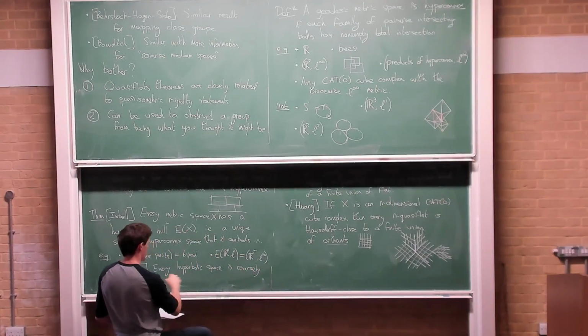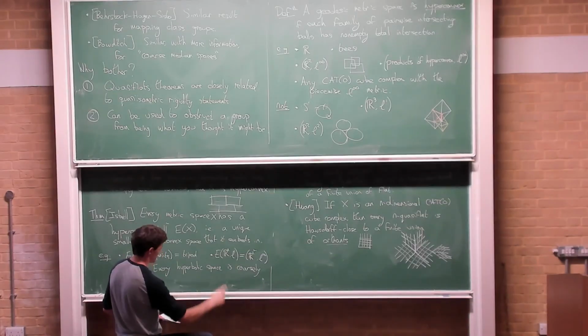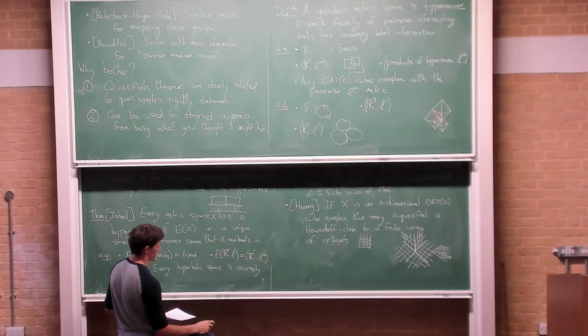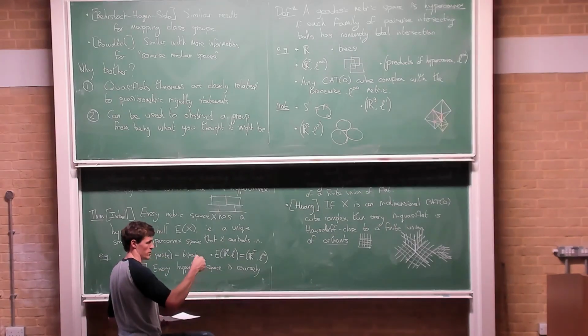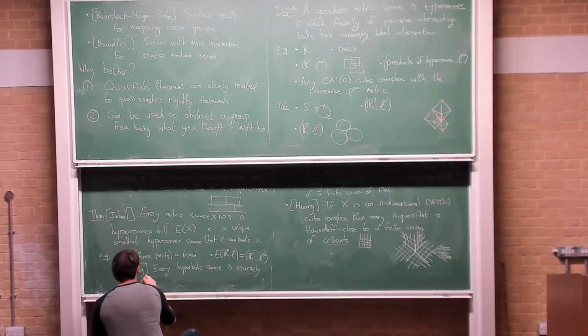In other words, it's a subspace of its injective hull, its hyperconvex hull, and every point in the hyperconvex hull is within a uniform distance of the hyperbolic space.